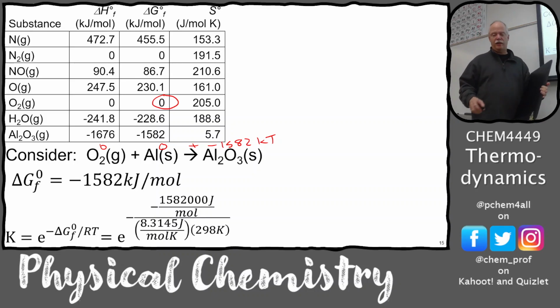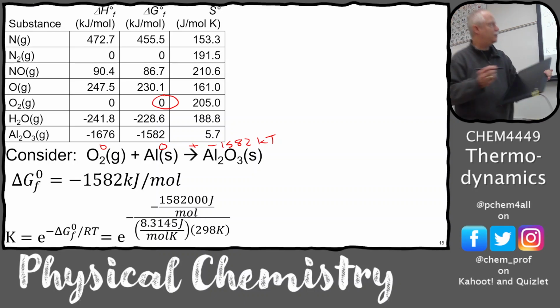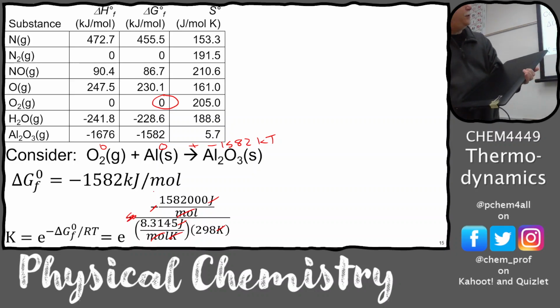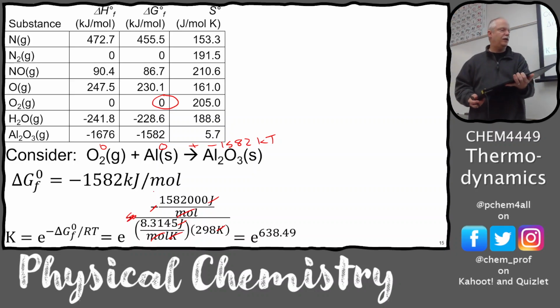So the moles cancel, the joules cancel. Our exponent should be unitless, and it is. All of these units are gone. The minus signs even cancel. Okay, and so we have e to a huge number, 638.